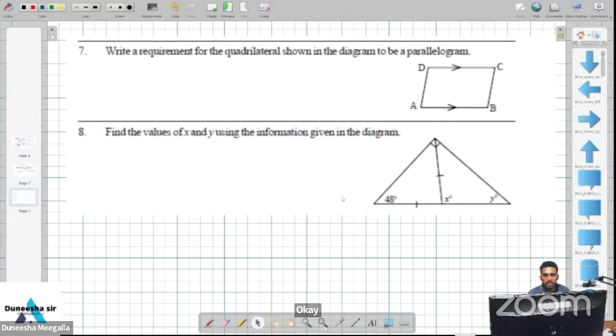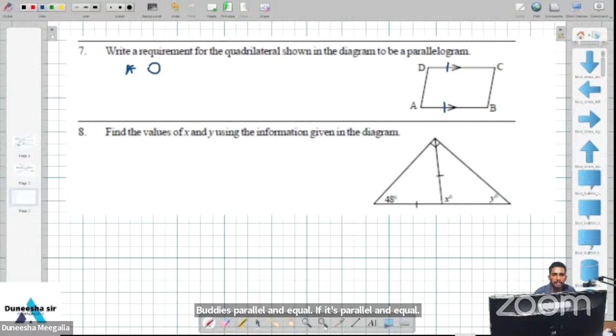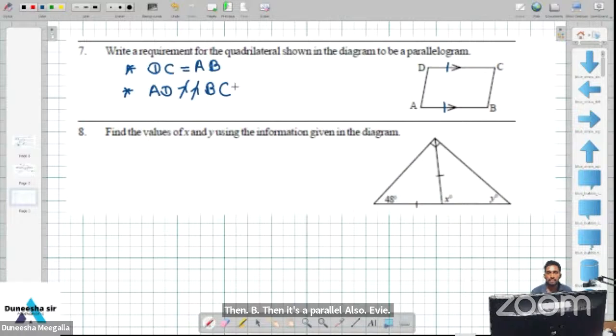If it's parallel and equal, then if DC equals AB, it's a parallelogram. Also, if AD is parallel to BC, it's a parallelogram.